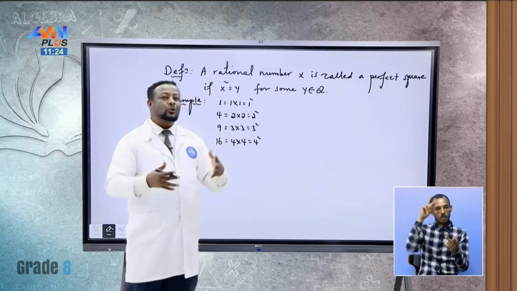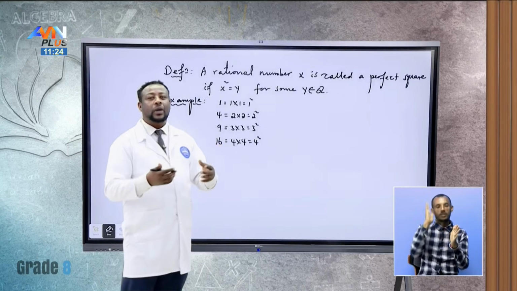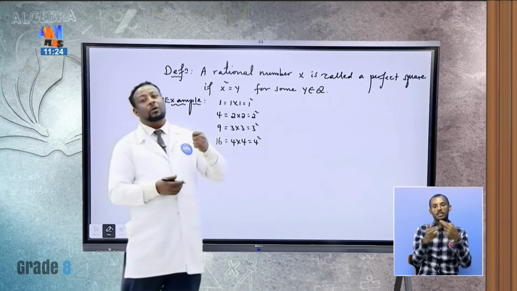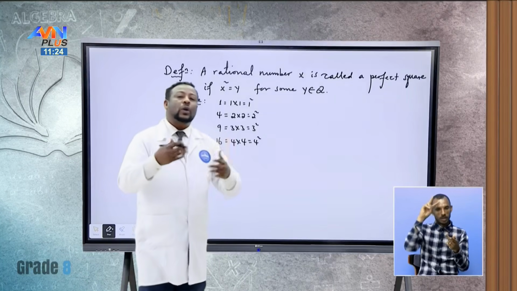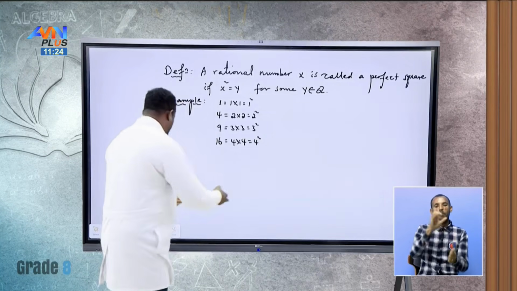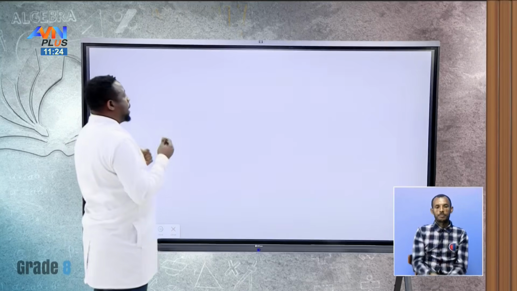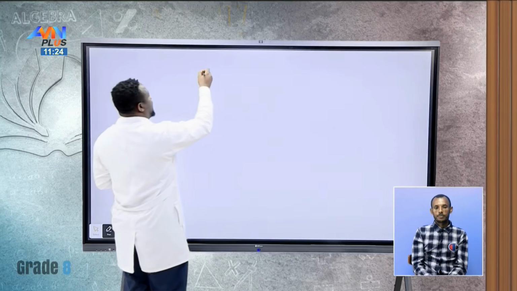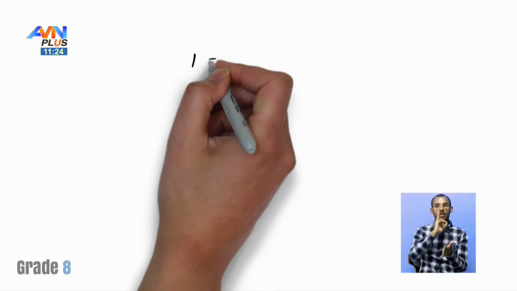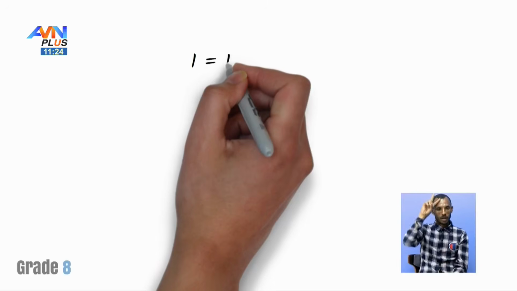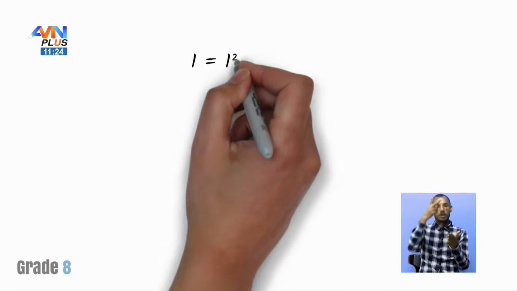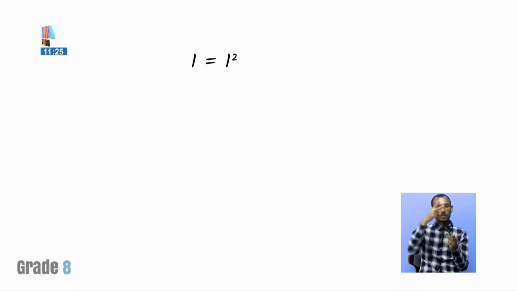Next, I will show you some interesting relationship between a perfect square and the sum of the first consecutive odd numbers. We said that 1 is a perfect square, right? Because it can be written as 1 square. And the second perfect square that I have shown you before is 4.